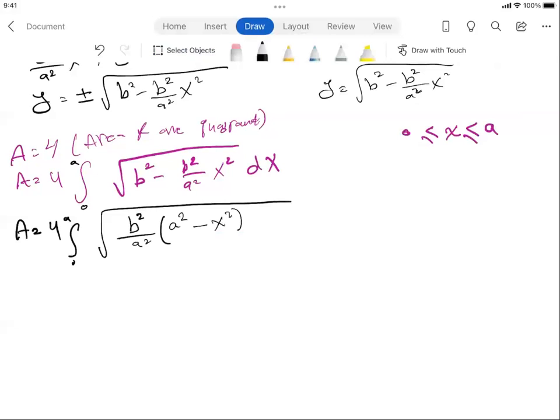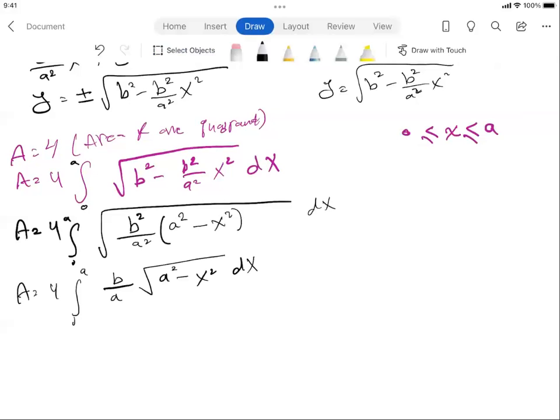If I multiply now, a with a cancels out, so I have b square minus b square over a square times x square. Okay, so this is fine. So the integral from 0 to a, this will come out as b over a, and then I will have the square root of a square minus x square dx.